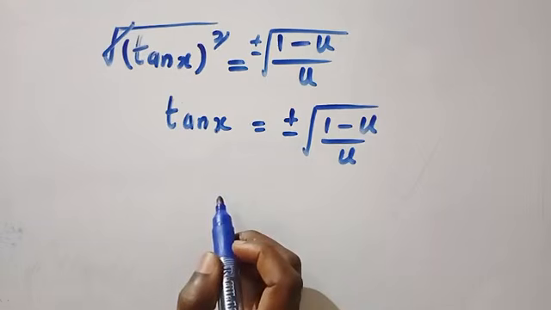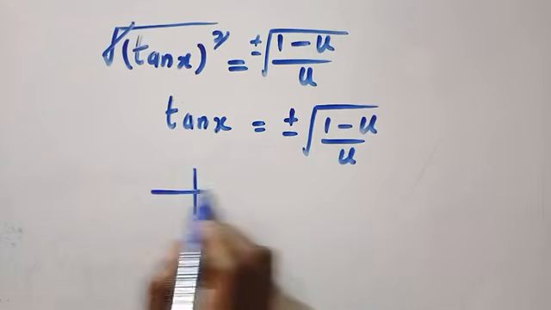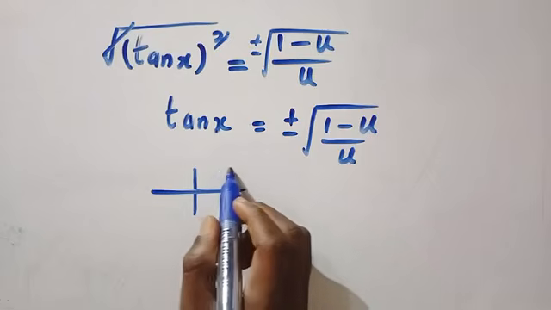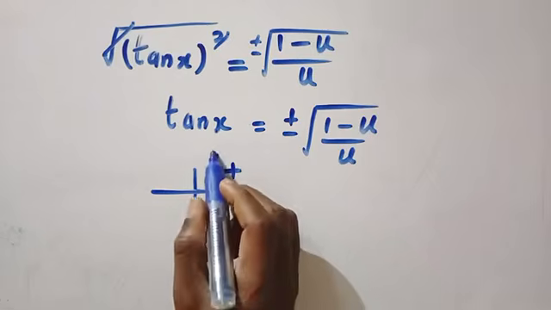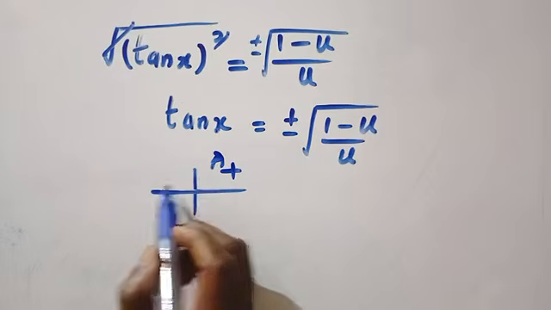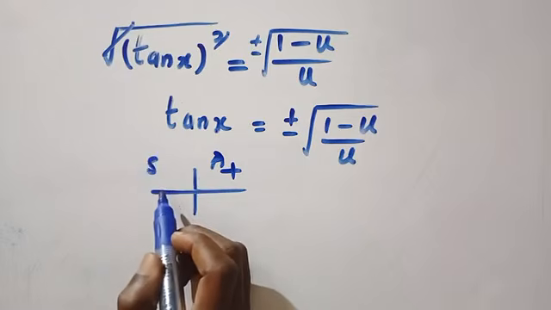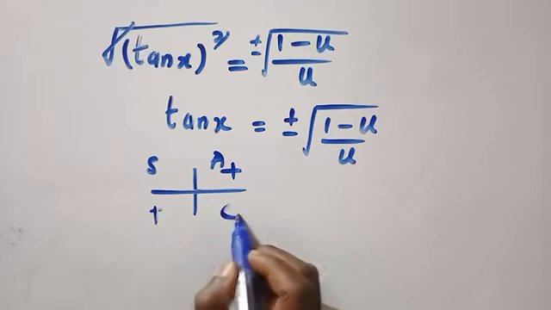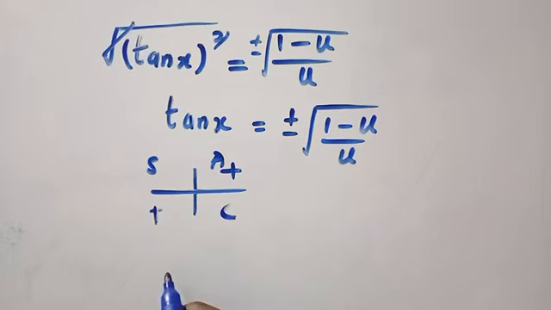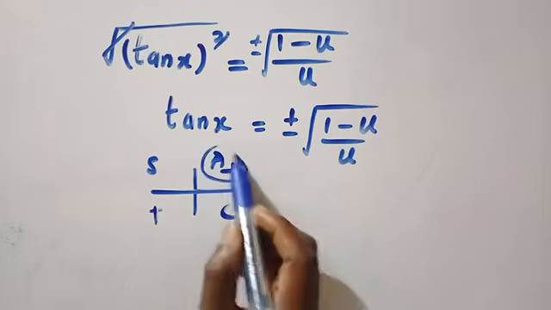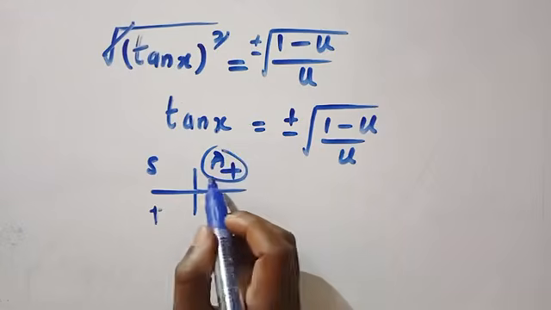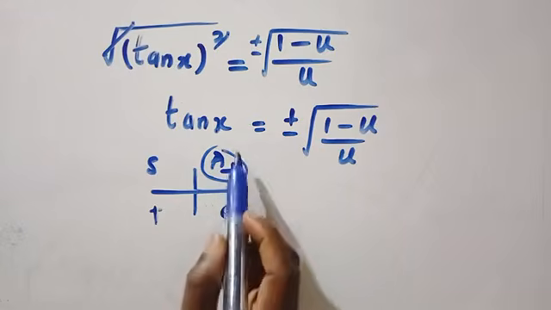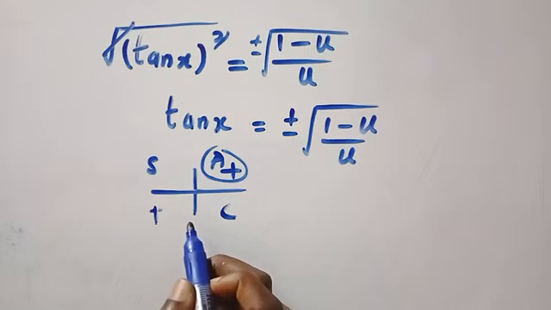As we have 4 quadrants, we have the all positive, and we have only sine here as positive. This is tan positive and here is cos positive. Any value that we have here, as far as it ranges from 0 to 90, we are going to have it as positive.